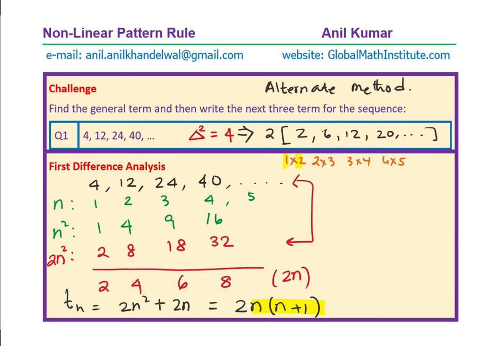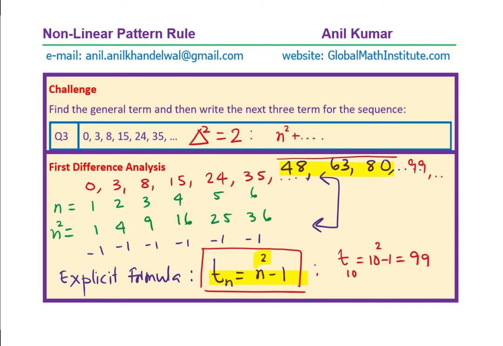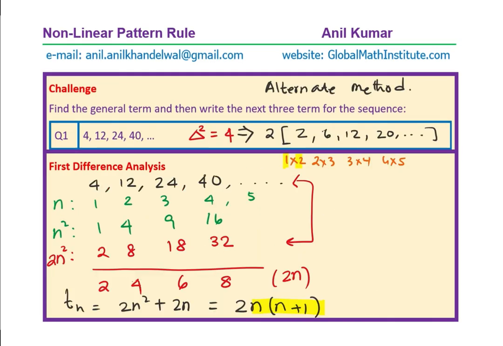So sometimes it is better to find by splitting, as we did in answering question number 3. At times we could use a different method, common factor. So here we did a common factor, and that product of consecutive terms.